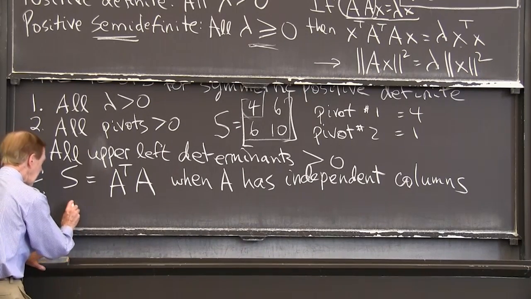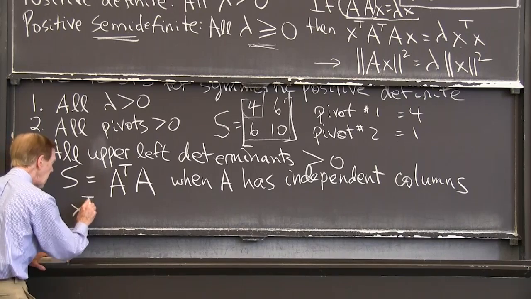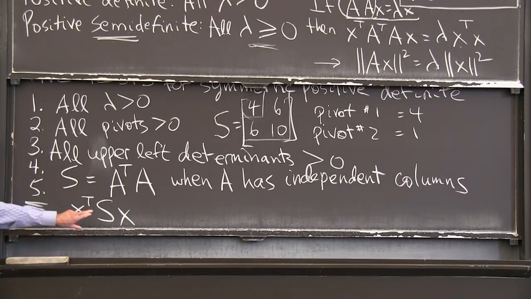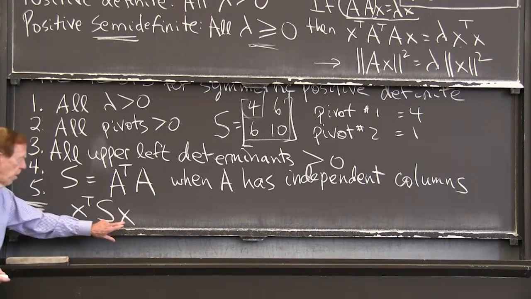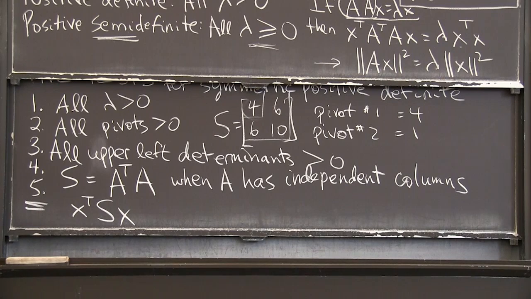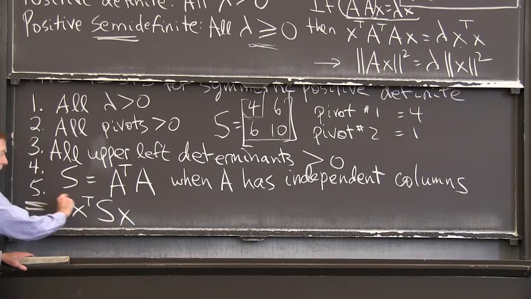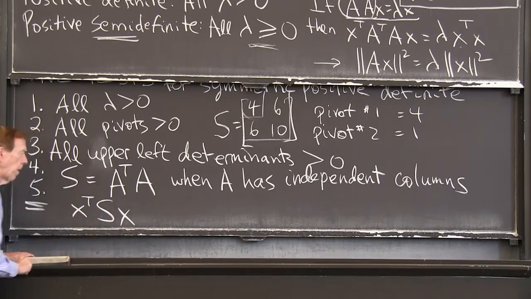So can I tell you what that means? I mean X transpose SX. I take my matrix S that I'm testing for positive definite, I multiply on the right by any vector x, and on the left by X transpose, and I get a number. S is a matrix, Sx is a vector, inner product with a vector, I get a number.